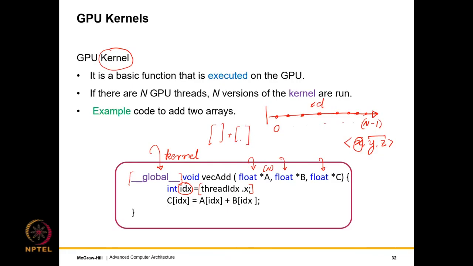So we simply take the index and find the relevant index: we take the value at that index from A, similarly from B, add them, and assign the result to the corresponding entry of C. If the array has, let's say, 1,000 elements and we run 1,000 such threads in parallel, then of course we are done.